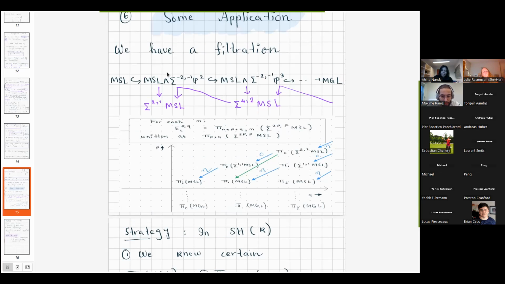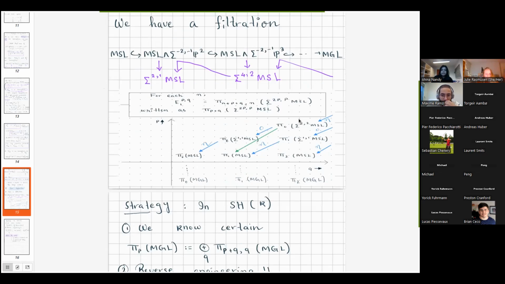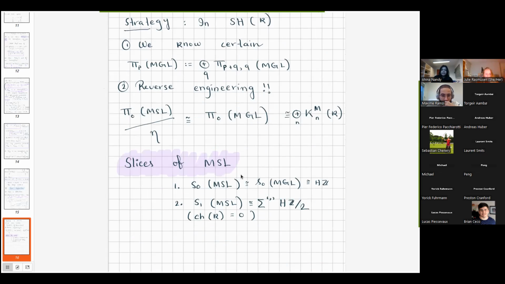If we have a filtration of this form, these are cofiber sequences, and when you put the slice functor over them, they preserve the triangles. So these sorts of filtrations are quite useful if you are trying to compute slices, and we do some of them. This computation was done before, and as long as we take a characteristic zero field, we can also compute another slice. We are trying to compute some more slices nowadays.